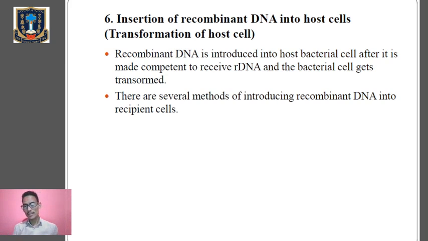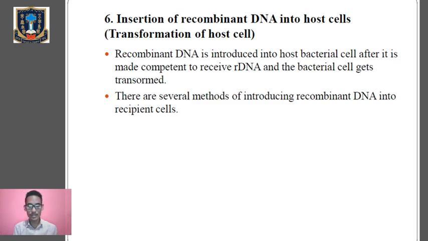The recombinant DNA is introduced into the host bacterial cells after they are made competent, because the host bacterial cells will not be able to take up the foreign DNA or recombinant DNA easily. They have to be made competent so that they can take up the recombinant DNA.